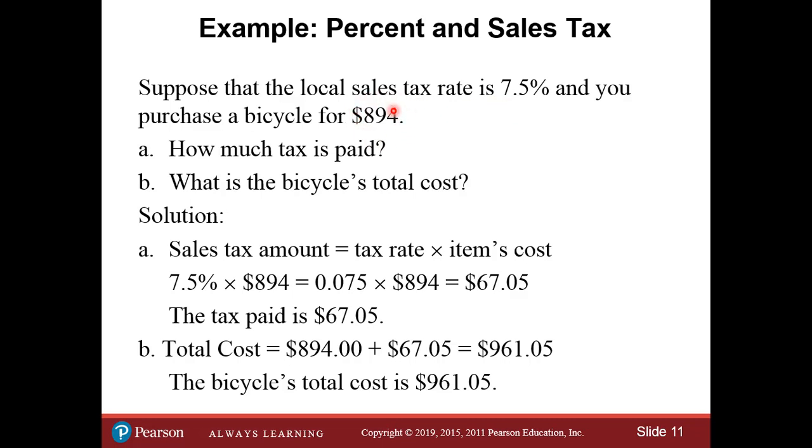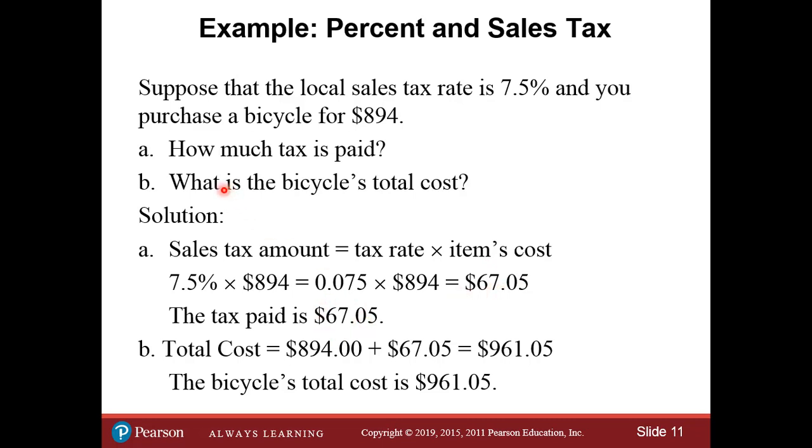And so we take $894, that's the purchase price of the bicycle, and we multiply that purchase price by 0.075. And that is going to give us the amount of the tax that we're going to pay. So 7.5% equals this. So we're going to pay $67.05, rounded to the nearest penny, for the bike, or in sales tax. So that's the tax that we're going to pay.